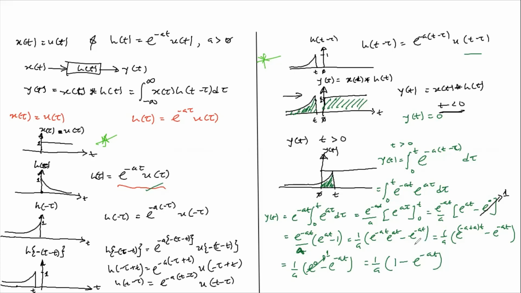So at this point, we therefore conclude that y of t is 0 for t less than 0, and 1 over a, with epsilon a t, for t greater than 0. Simple.